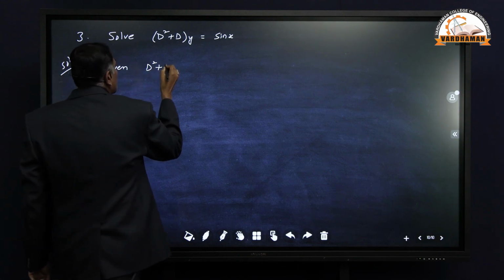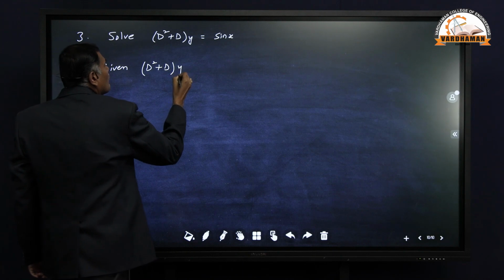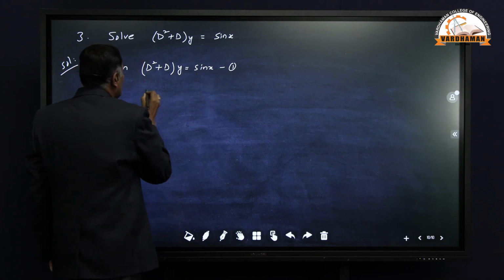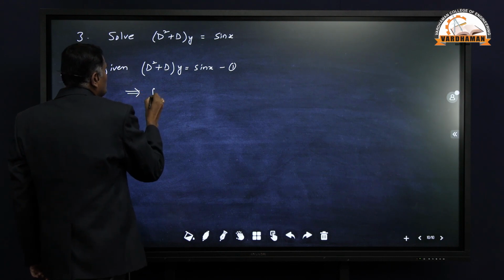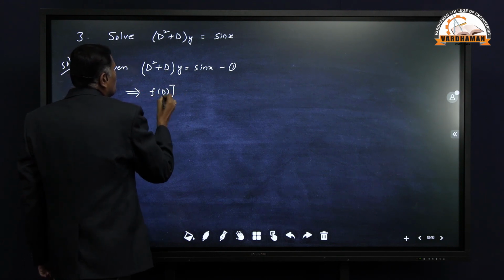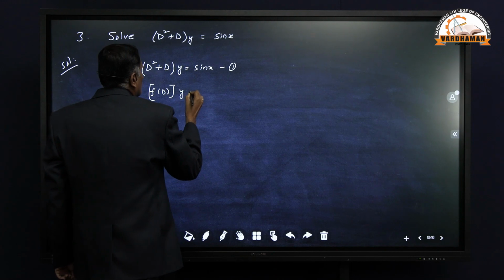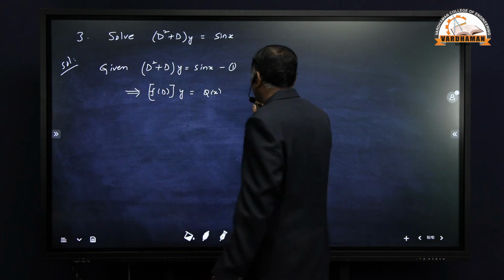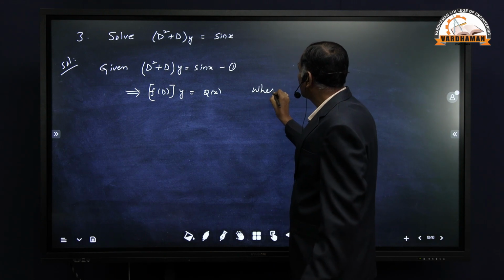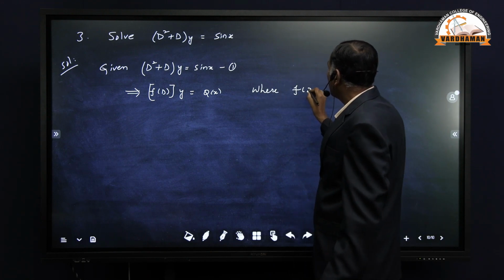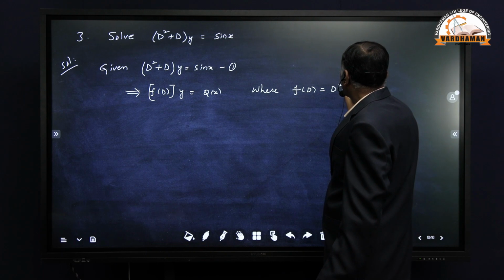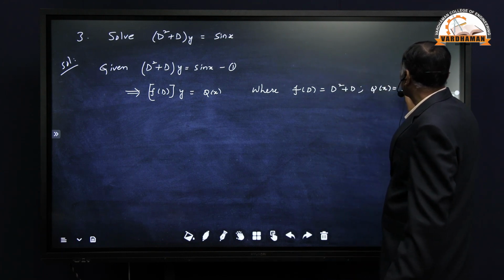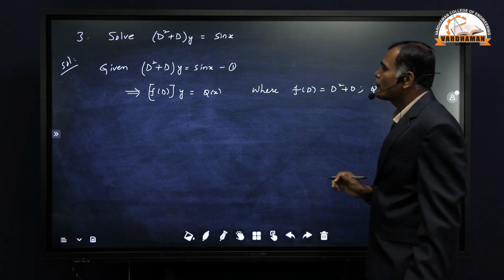Directly this is given in operator form, like this. Now this can be written as f of D into y equals Q, where f of D is given by D square plus D and Q is given by like this.